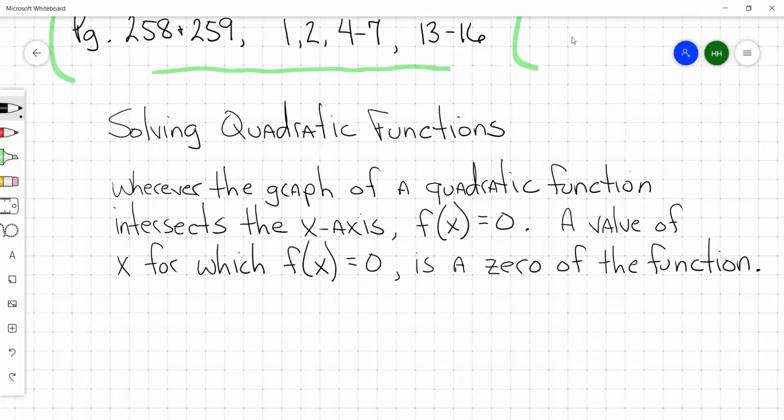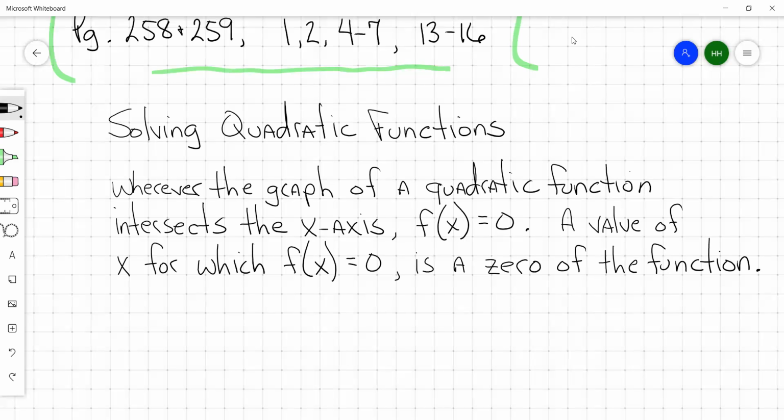You're solving the function. So part of this is going to be an expansion off of last week, and then we're going to learn a new technique later on in the week where you can use a different formula to solve some quadratic functions.